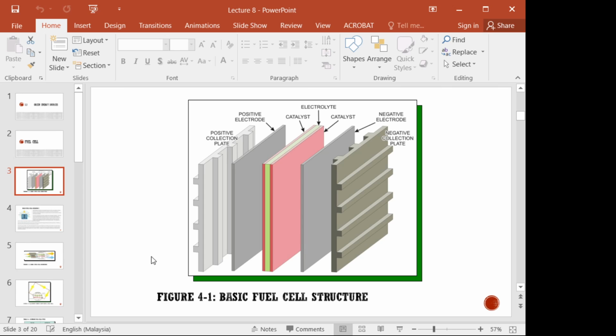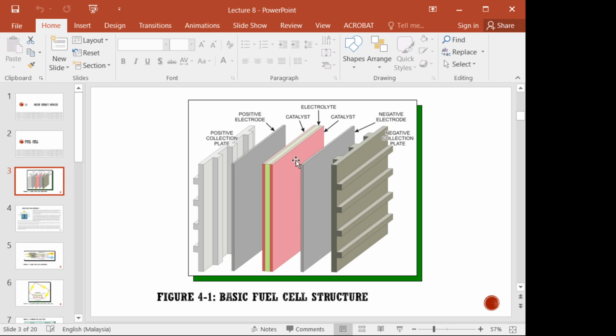This is the basic fuel cell structure. There are many types of fuel cell, but we're going to see the basic one. So in this structure we can see that there's a positive collection plate, negative collection plate. We have positive electrode, negative electrode, which is anode.